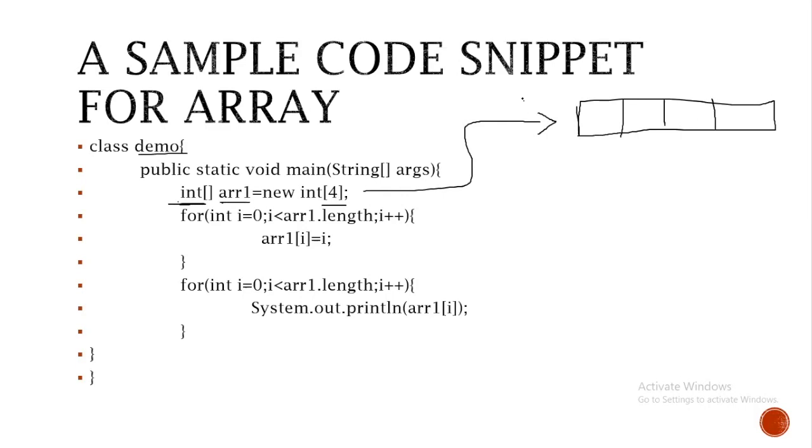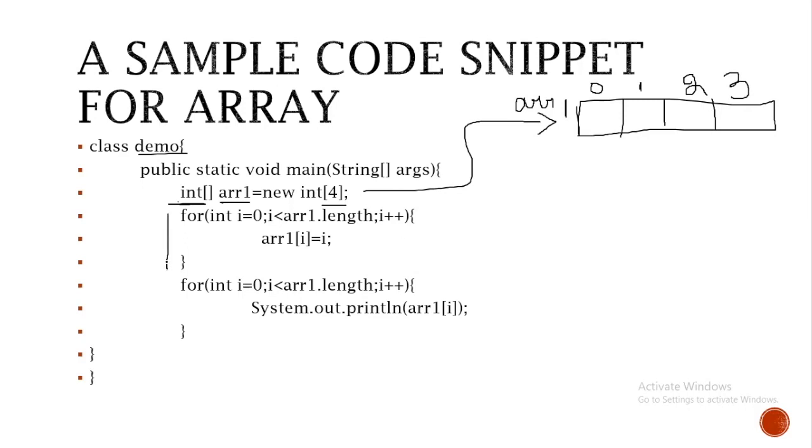And the name given to this is array1. We also need to specify the indices because we need them to grab the values of each block. So we have 0, 1, 2, and 3. This line of code does this at the back end.